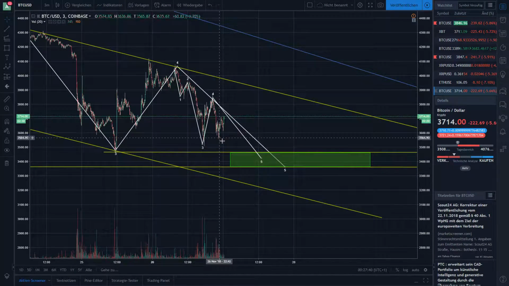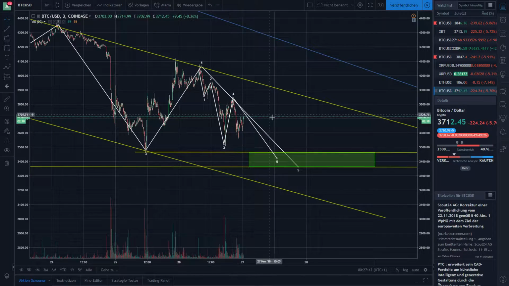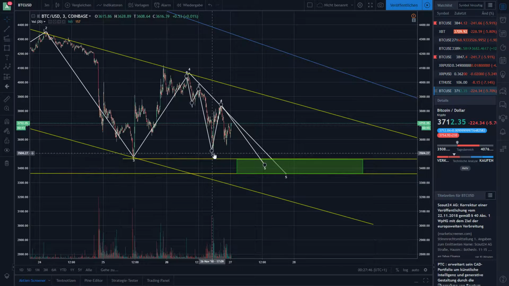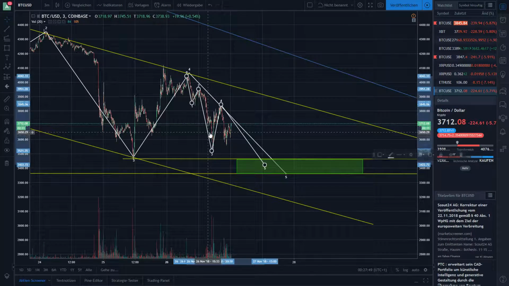It's kind of tough because you can only see this here has 5 waves now coming down. So we're still going to need, I mean, that's an extended wave 3, so we're going to have to see.